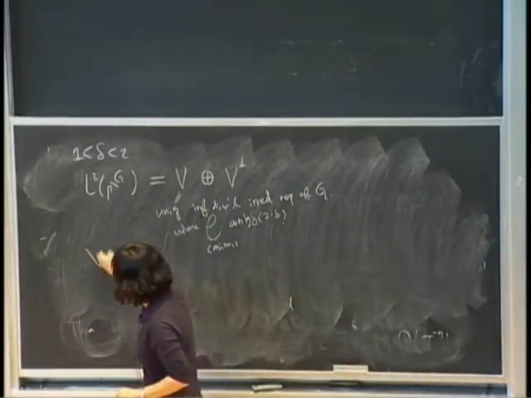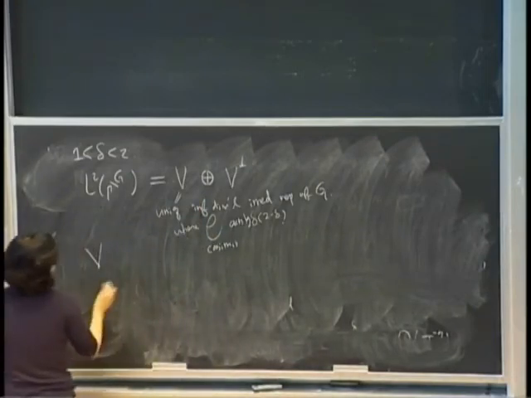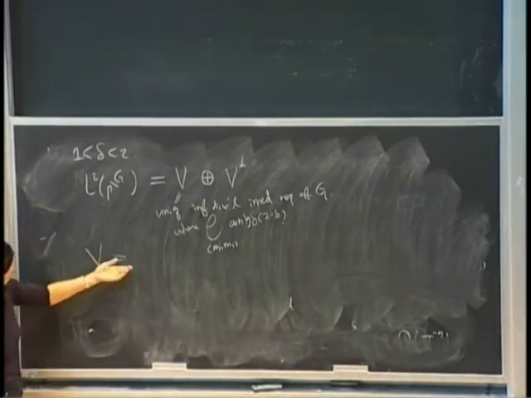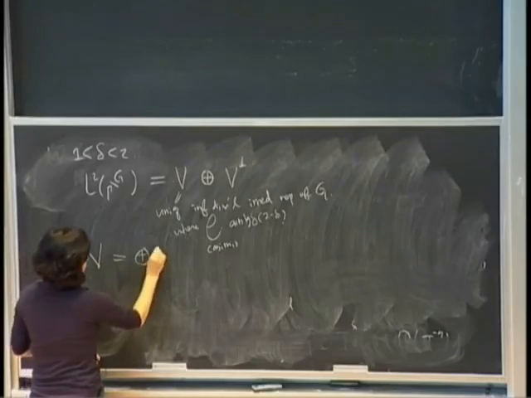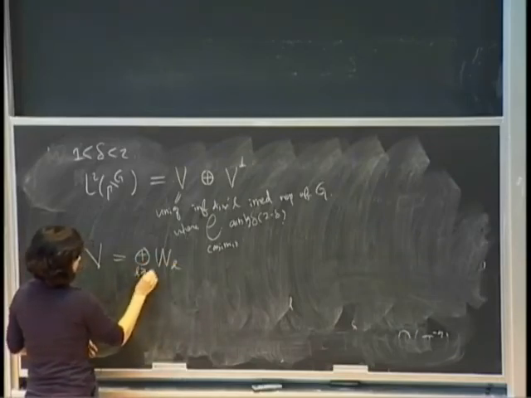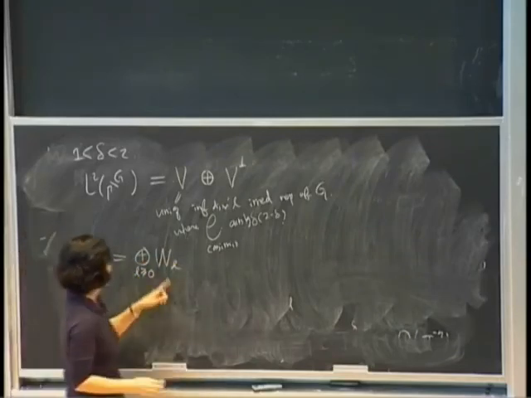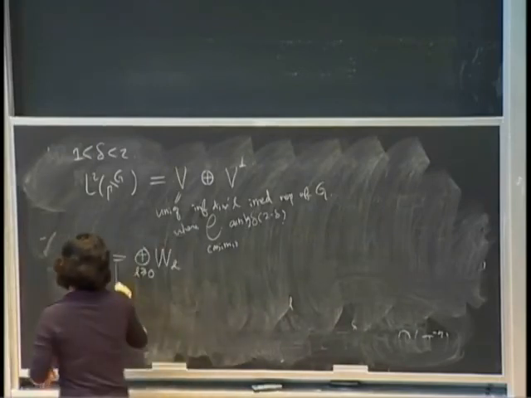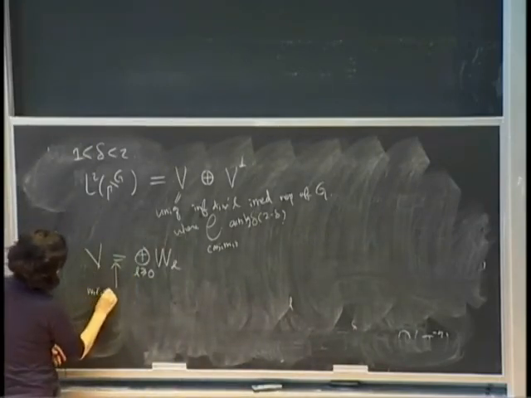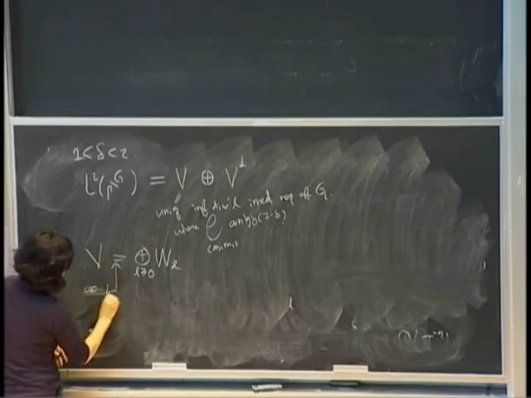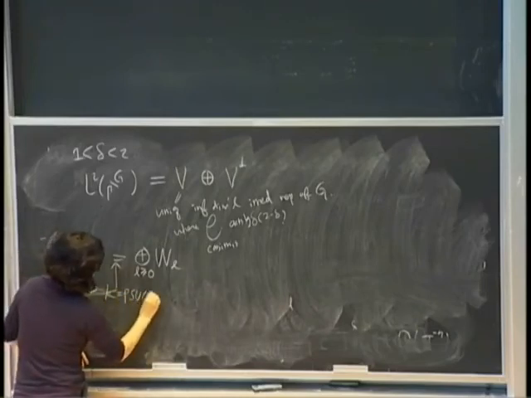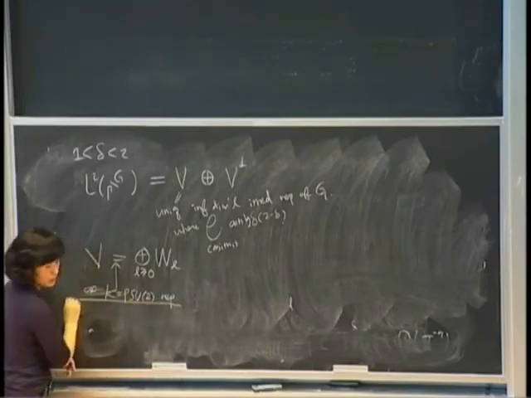Now you can further decompose V as an orthogonal sum, which you write like this. So what is W sub L? This decomposition is with respect to the K representation, as K, which is an SO2 representation.